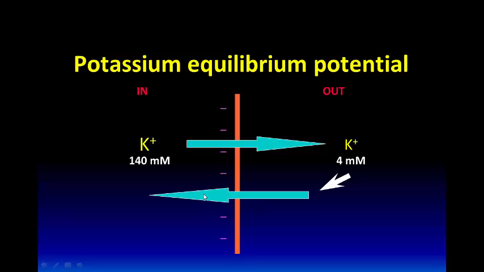So a time would be reached at which the efflux, the movement of potassium ions out of the cell down their concentration gradient, would be equivalent to the movement of the potassium ions into the cell down their electrical gradient.